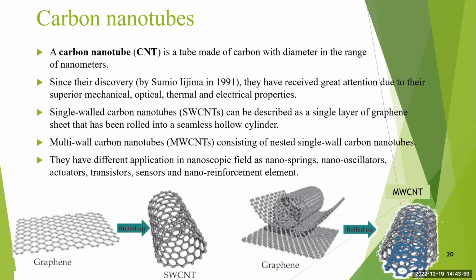But we have a very interesting nanostructure that is carbon nanotube. You may have heard the name CNT or carbon nanotube. It is a tube made entirely of carbon, and its diameter is in the range of nanometers, 1 to 100 nanometers.